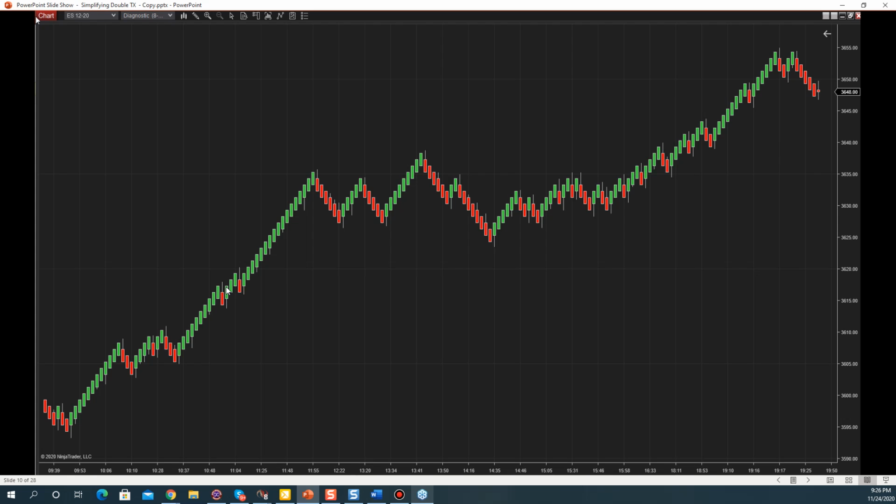We stay out of it. Happens again. Up, down, up. We stay out of it. Then it comes up, makes several bars retrace and pull back. Then it goes back in the direction. And in that situation, we'd be looking for a possible TX trade up to go back up, right? Everybody with me here? Nobody confused?